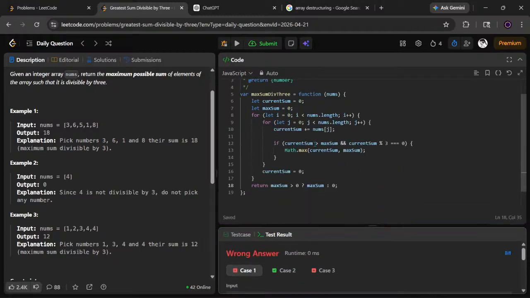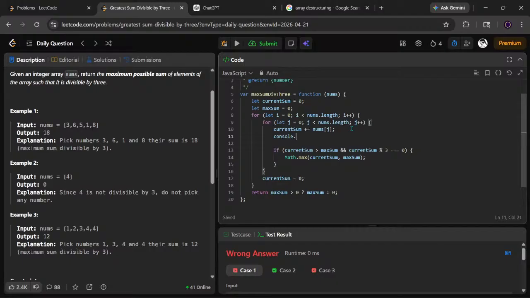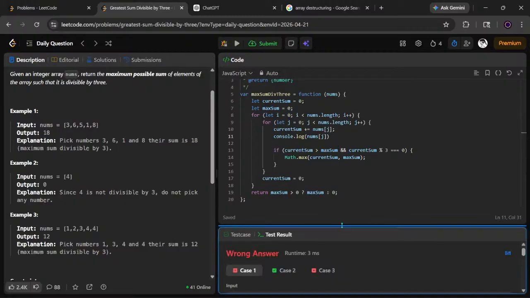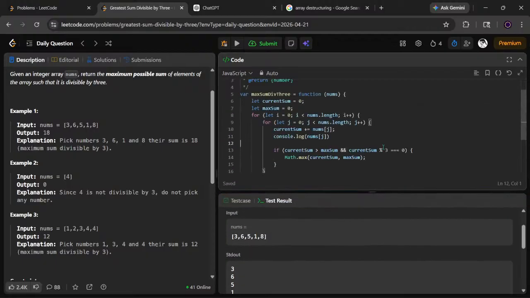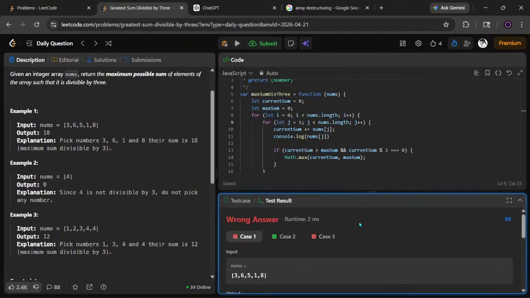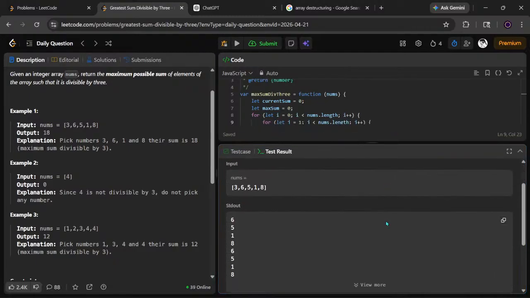So what is wrong? Why am I getting the value here?